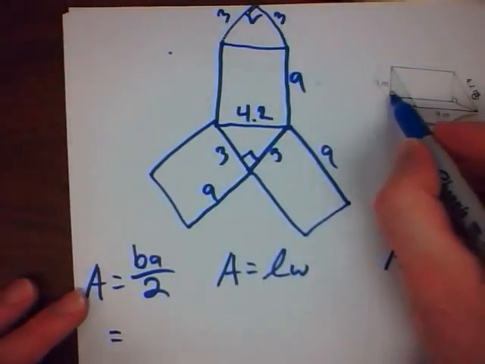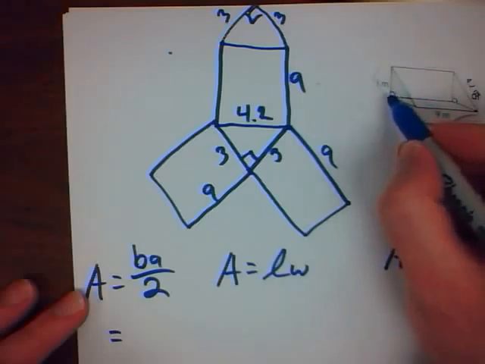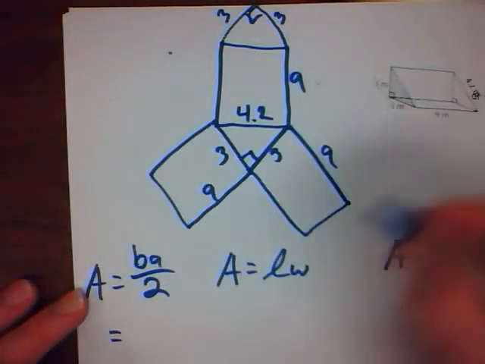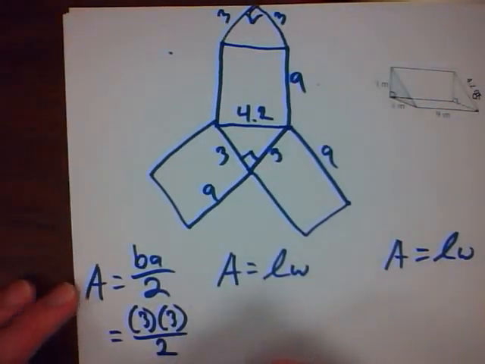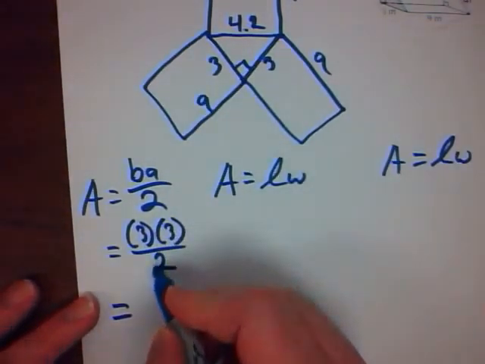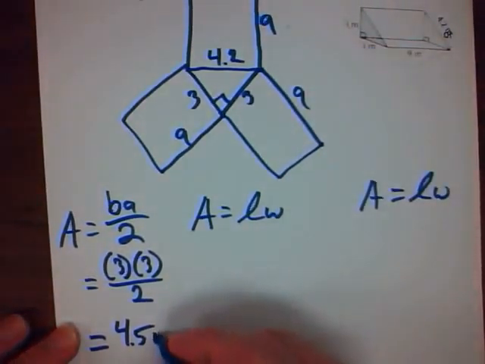Now when we're looking at this little triangle here, what is its altitude? Well, from the base to the top. And its base will be 3, so it's actually going to be 3 times 3 divided by 2. 3 times 3 is 9, divided by 2 is 4.5. This is in meters, and its area, so it's squared.